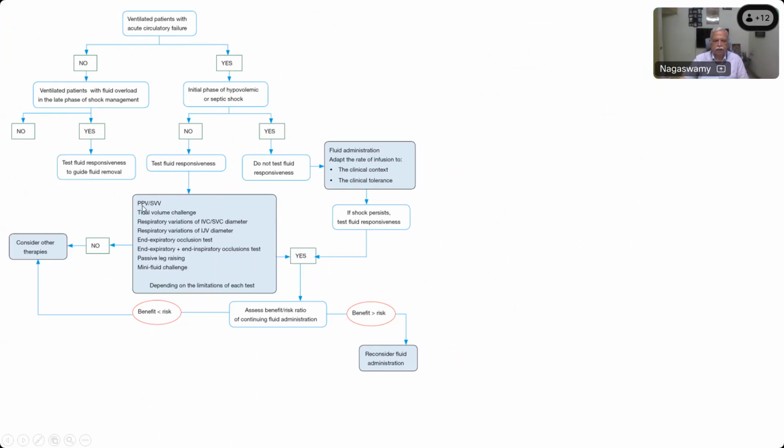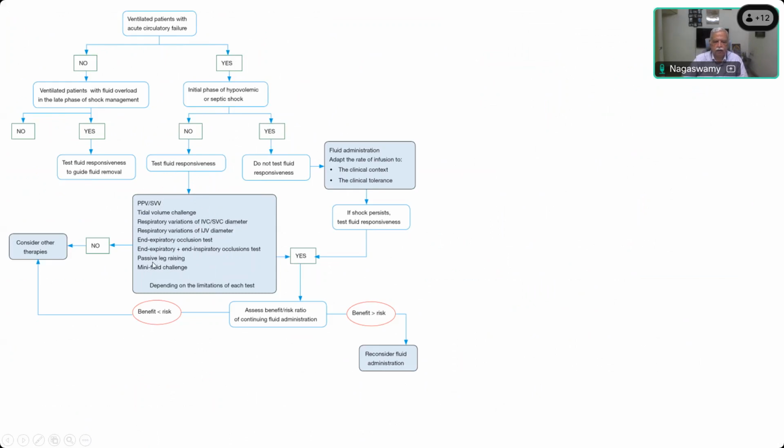So the dynamic tests that you can use are pulse pressure variation, stroke volume variation, tidal volume challenge, that is, you can alter the tidal volume in the respirator or the ventilator. Respiratory variations of IVC, SVC diameter, respiratory variation of IJV diameter, end expiratory occlusion test, end expiratory and end inspiratory occlusion test, passive leg raising test, and mini fluid challenge test.